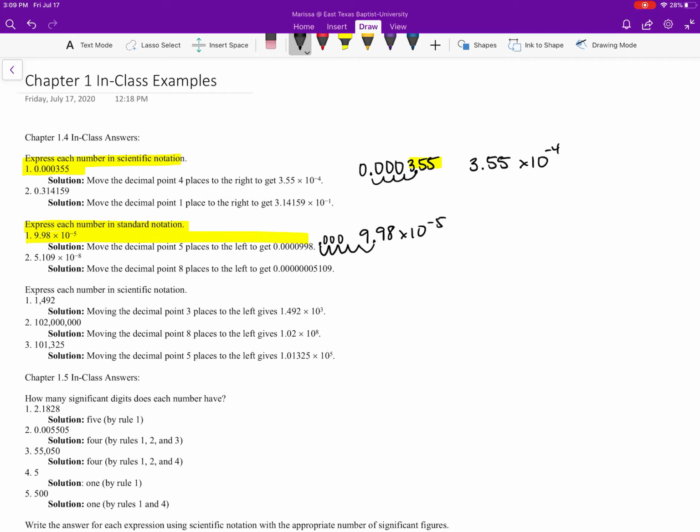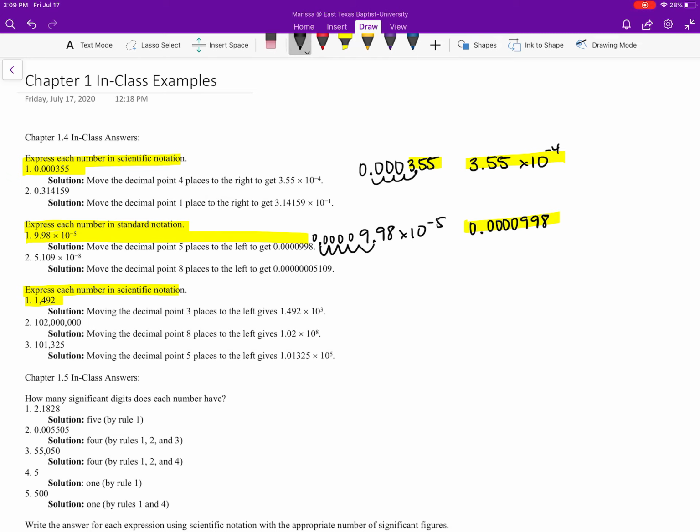And then I'm going to fill in the zeros and then write the number all the way out. So it should be 0.0000998.